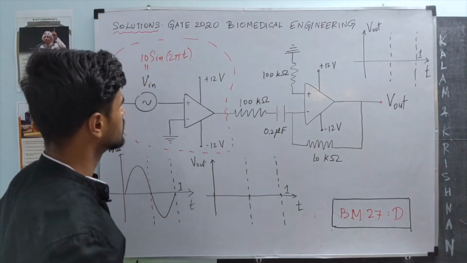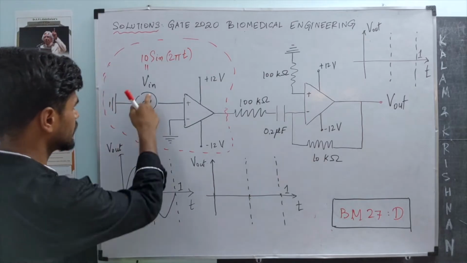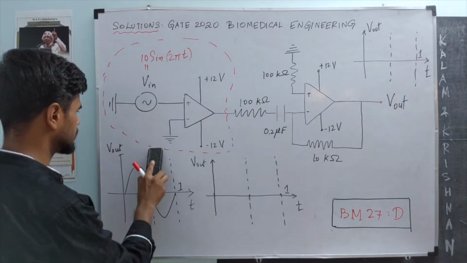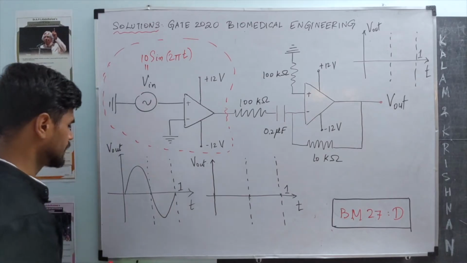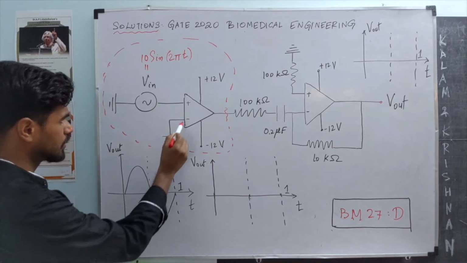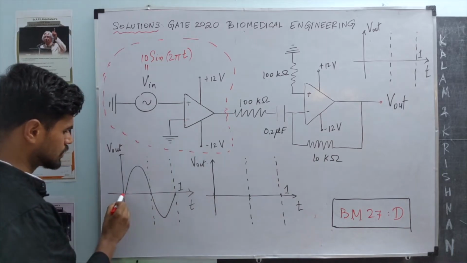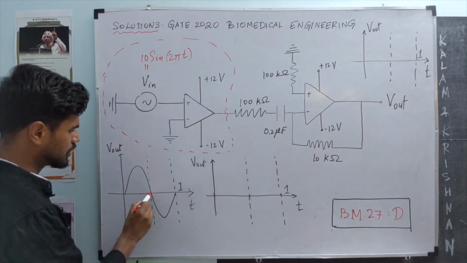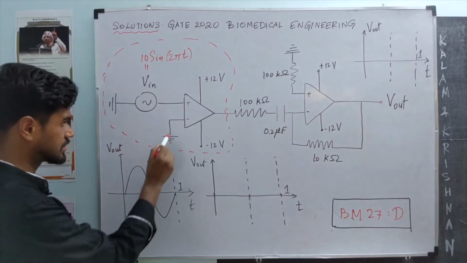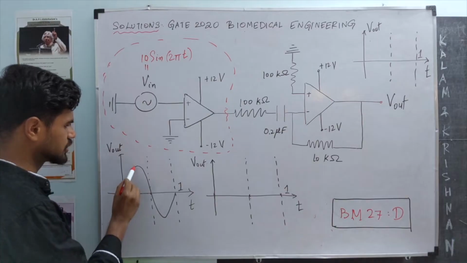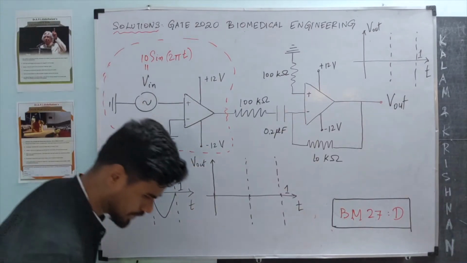So if you notice, this whole circuit over here is a comparator. The input is drawn over here, and the voltage at this terminal is 0, right? So wherever the input voltage is above 0, which is the reference here, it's going to give a saturation value for this op amp.